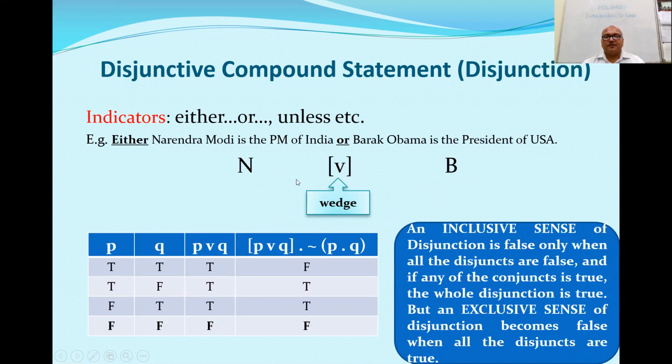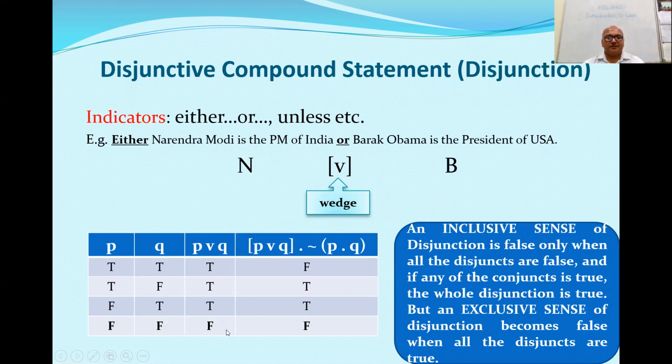Now, N has got a value, B has got another value. So what would be the aggregate value of the whole disjunctive statement? For this, we have another formula.